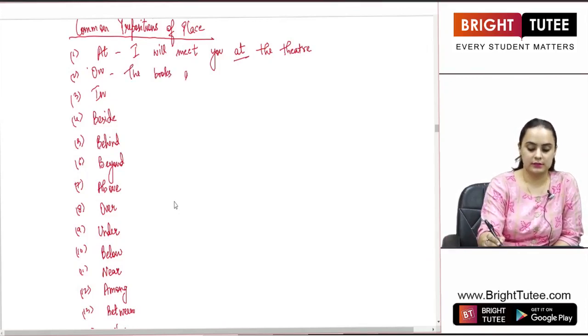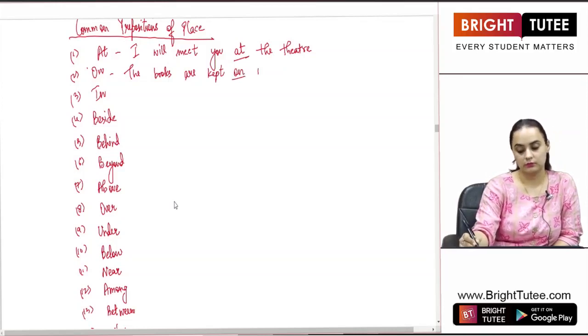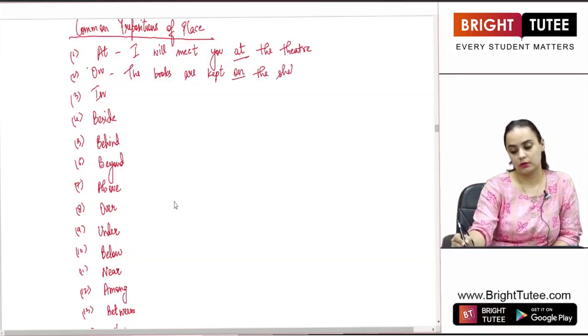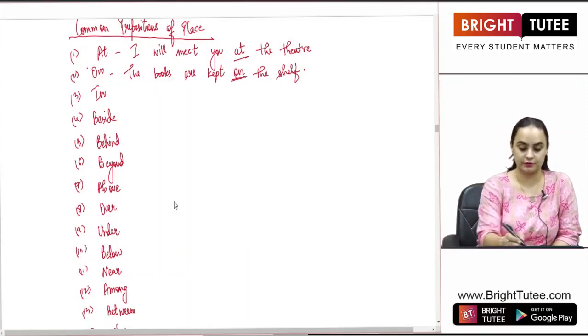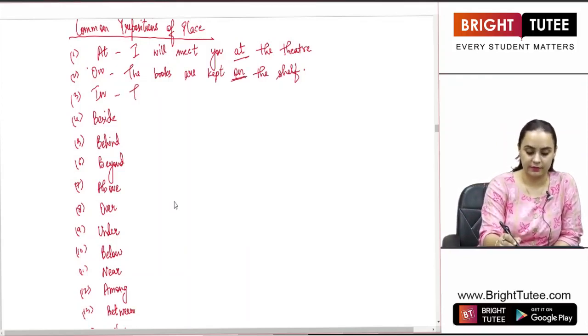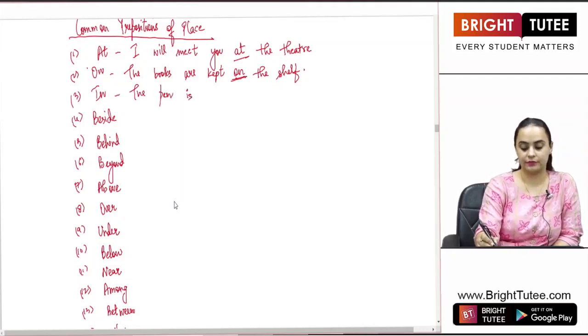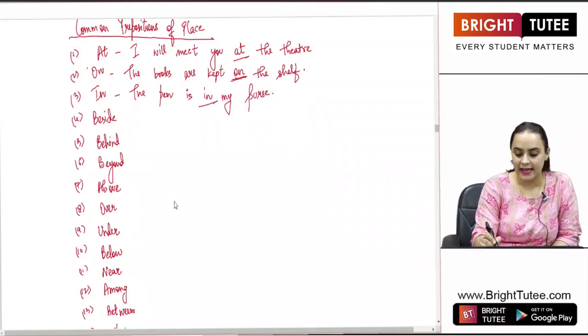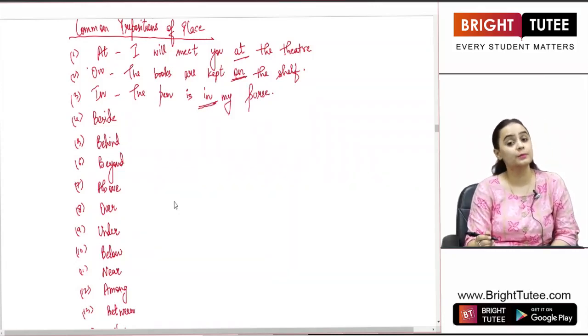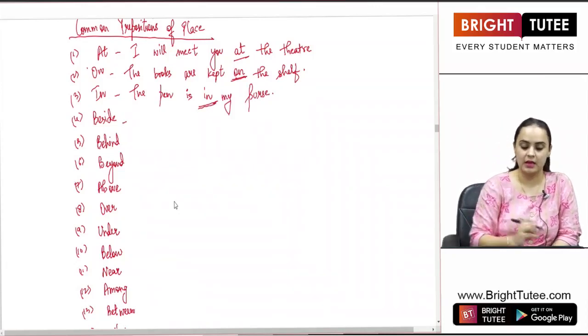The books are kept on the shelf. So where are they kept? On the shelf. In. The pen is in my purse. So where is the pen? In my purse. This is the position of the pen.